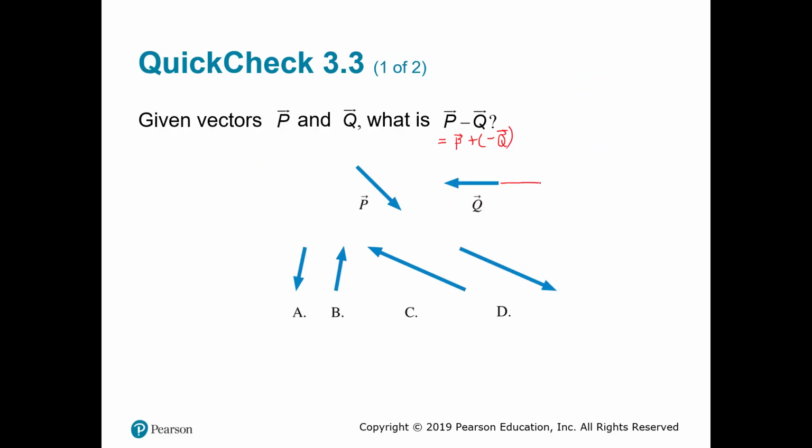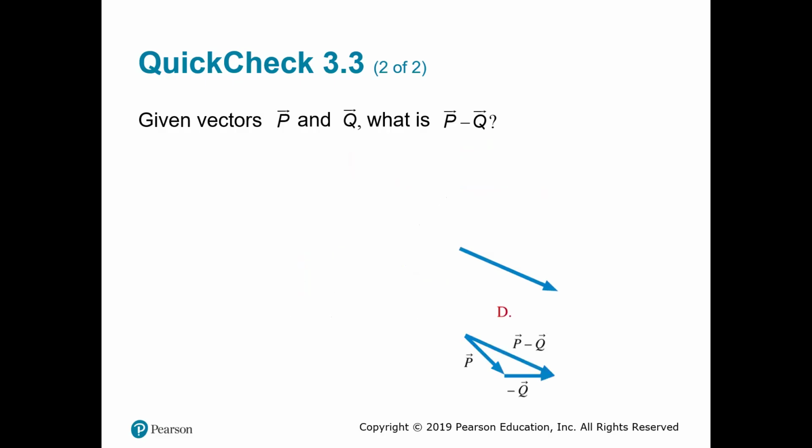So this is going to be your minus Q vector. Then you have to add P and minus Q vector. So draw P first and then draw minus Q vector. They connect, start and end. So this is the P minus Q vector. So your answer is D.